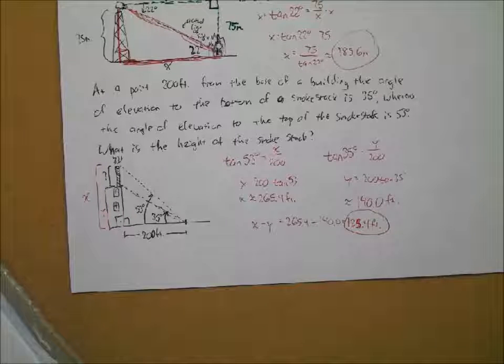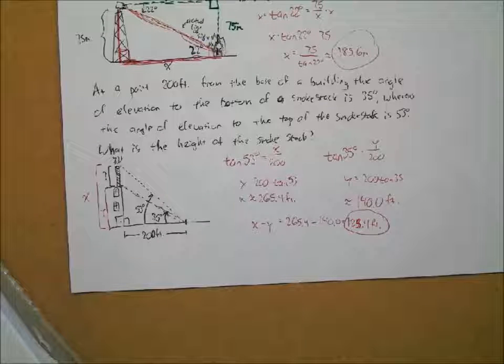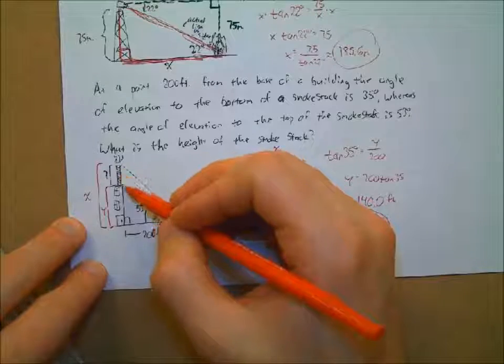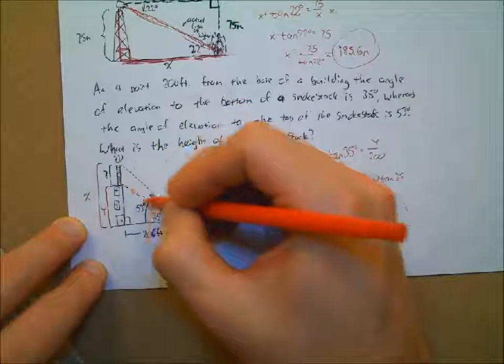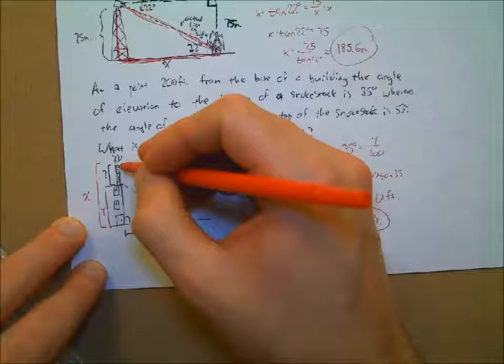Okay. Now, I'll ask any questions on that. So here we have to use two trig ratios to solve for it. We do have a small triangle right here. Could we have used sine, cosine, or tangent in this little triangle?